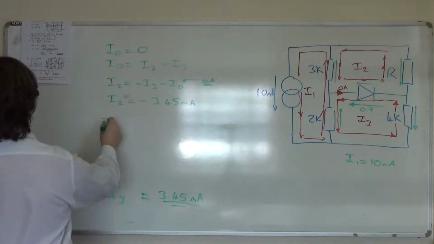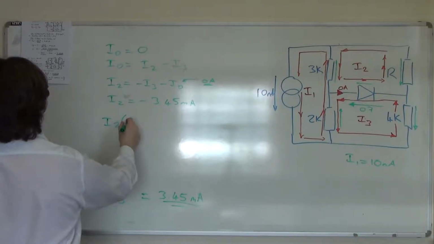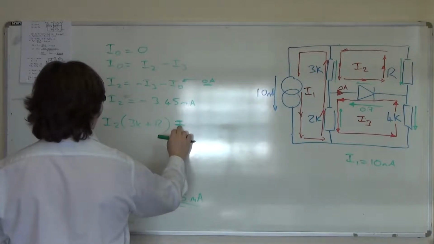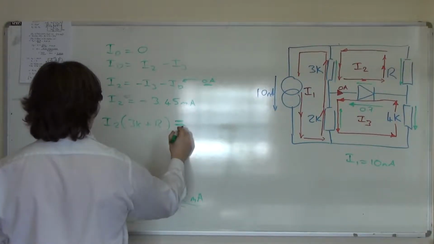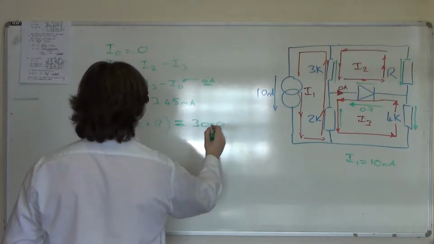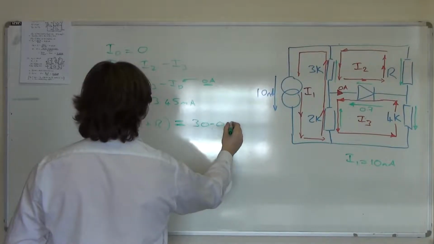along the lines of I2 brackets 3k plus R equals 30 minus 0.7.